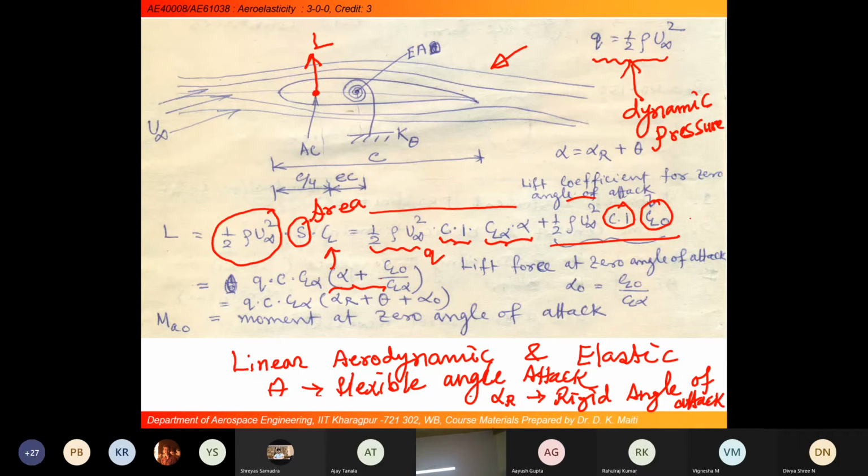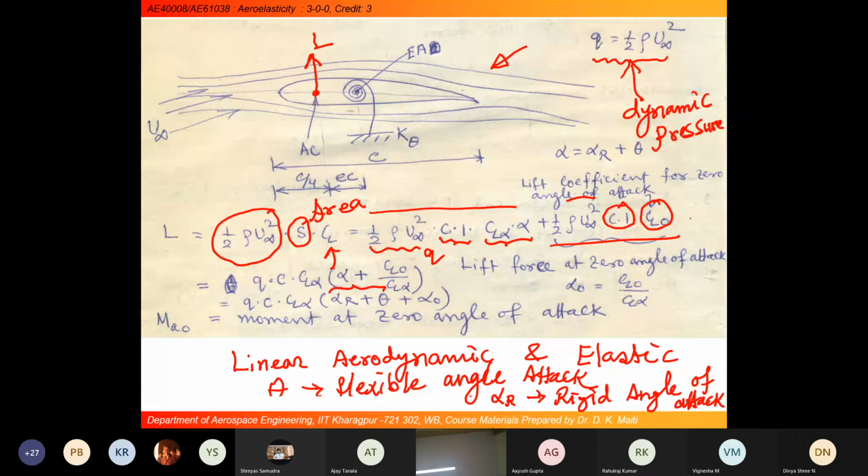In that case, after a certain time of the flow starting, the total angle of attack, alpha plus theta, will not remain 5 degree. It will reach some higher value and stabilize there. Then we call that system a stable aeroelastic system.